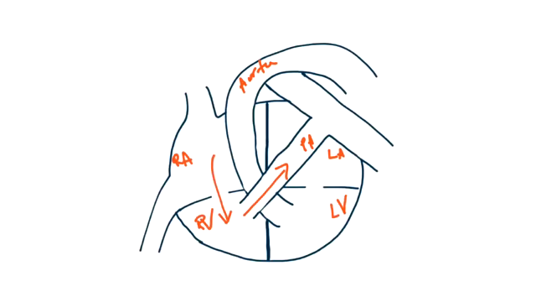After passing through the lungs and becoming oxygenated, it enters the pulmonary vein, which drains into the left atrium. From the left atrium, blood moves to the left ventricle through the mitral valve. And from here, it goes to the aorta through the aortic valve.